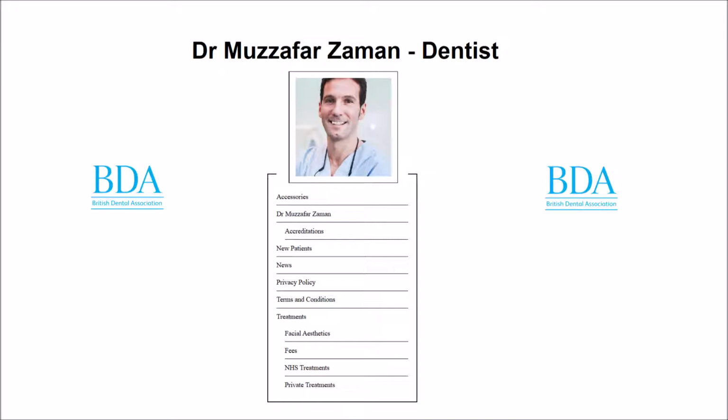An operculum problem occurs much more often on lower wisdom teeth than upper wisdom teeth. Nearly all of the problems that you do get with an infected or inflamed operculum relate to a lower, partially erupted, impacted wisdom tooth.